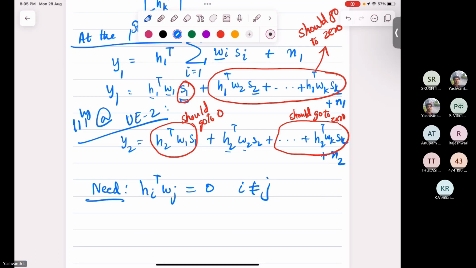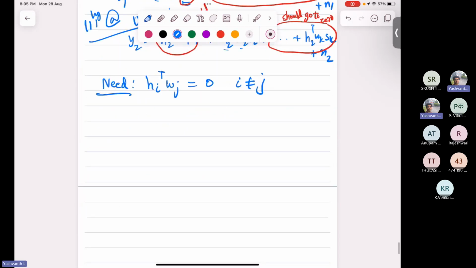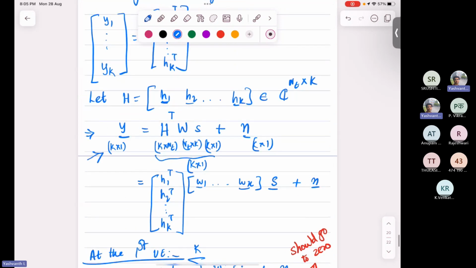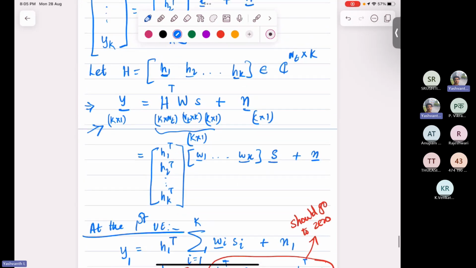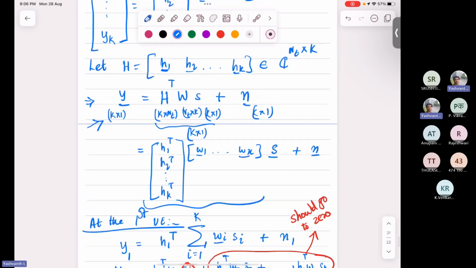Agreed? Yes, correct. So now let me go back to the equation Y equals H transpose W S plus N. In other words, this matrix H transpose W, see this?